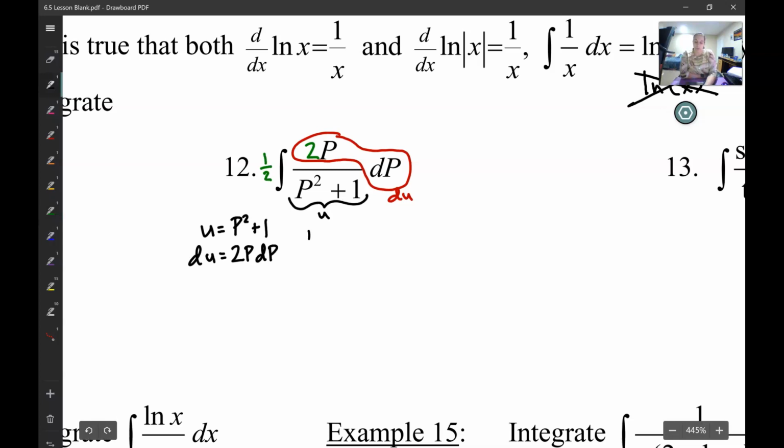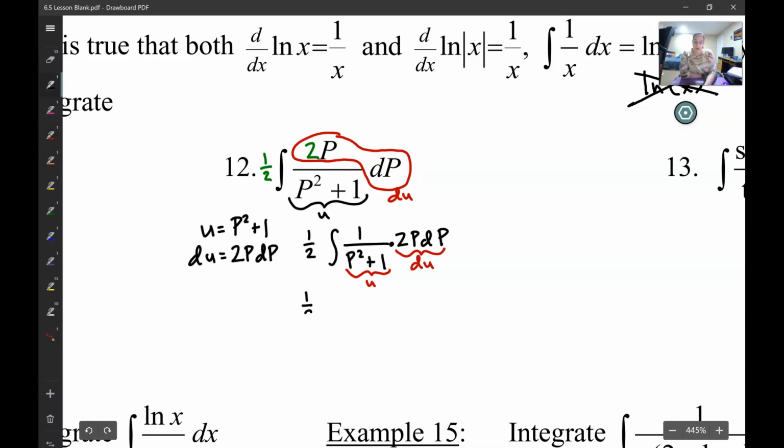So essentially what I'm doing, let's rewrite this integral. If I write it like this, then you might be able to see it a little better. Because these are multiplying, this is the same thing as this. I just kind of separated the numerator from the denominator. So then that way we can see this is u and this is du.